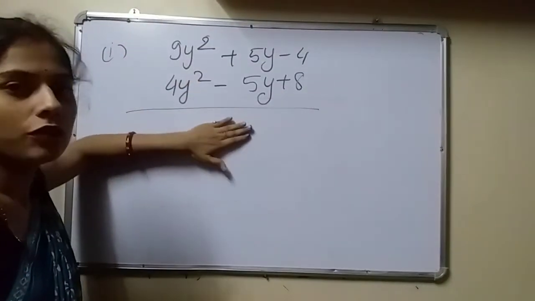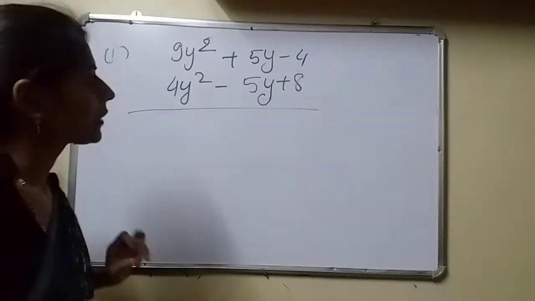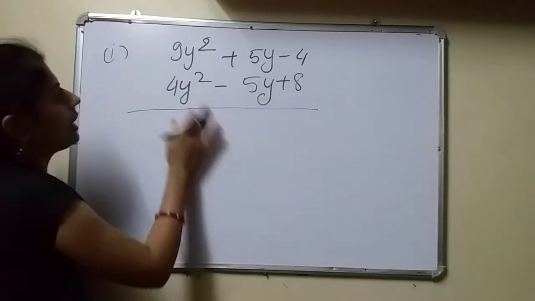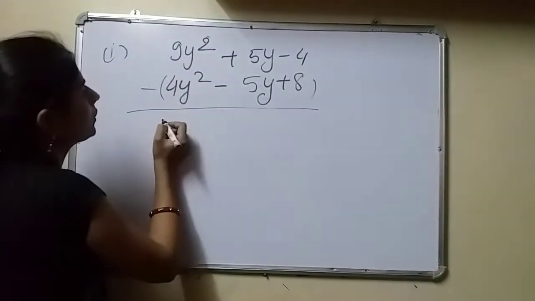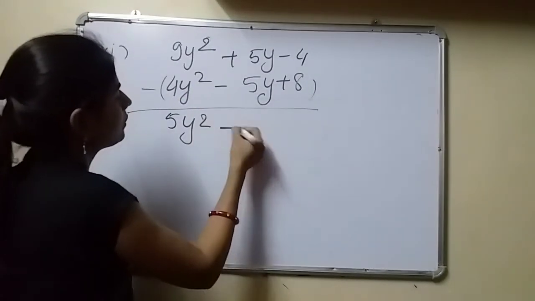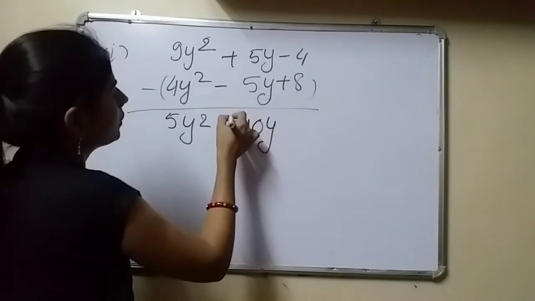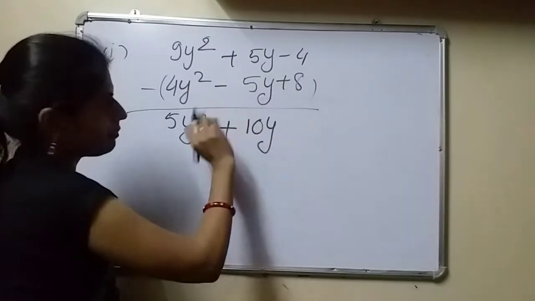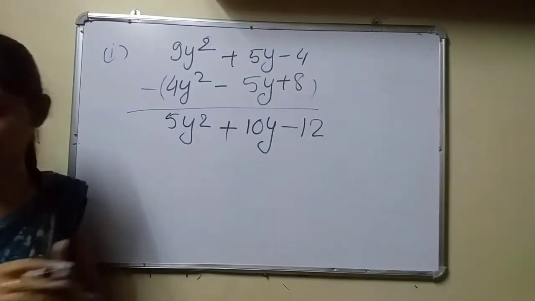So directly you have to subtract here, no need to change the expressions here. Okay, if you change the expression you will not get the correct answer. So directly subtract it. When you are subtracting it, it will become 5y square, minus minus plus so it will become plus 10y, minus minus plus, so it will become minus 12.